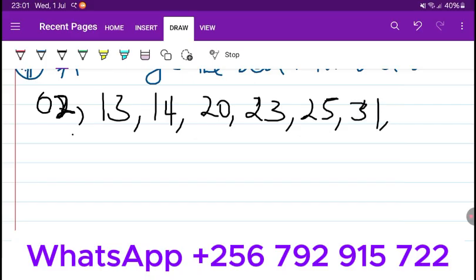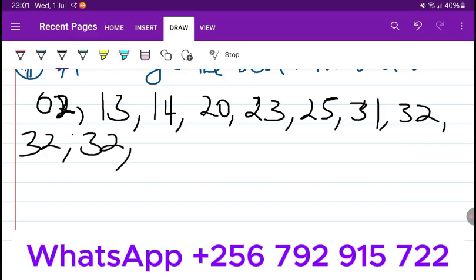These values, I arrange them according to how they were given to us. We have 32. We also have 32 a second time, a third time, and a fourth time.